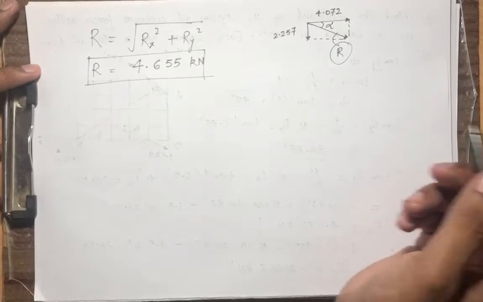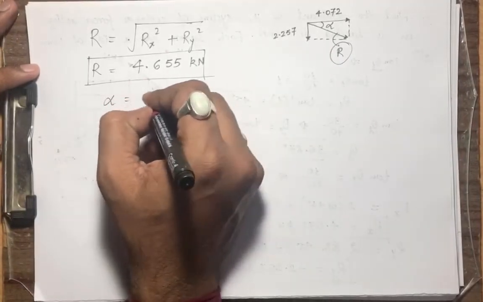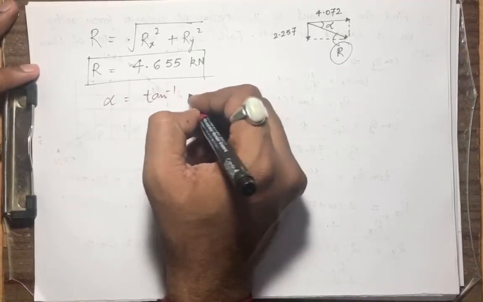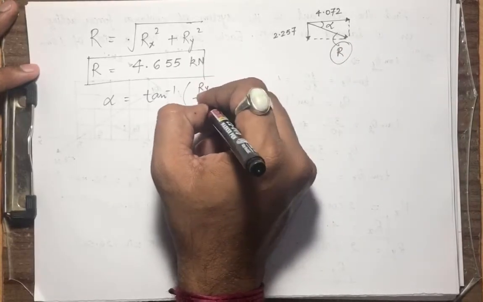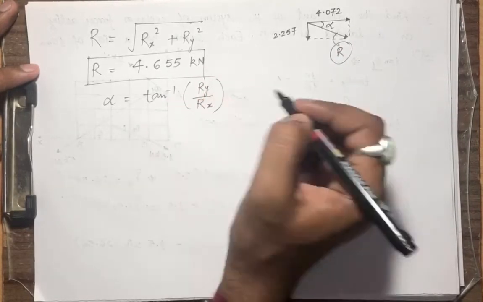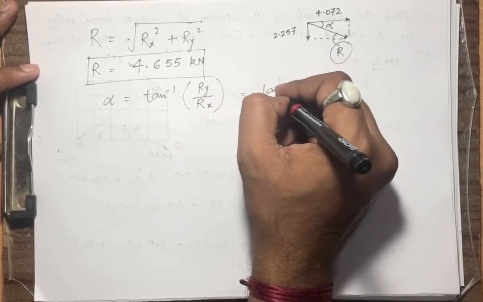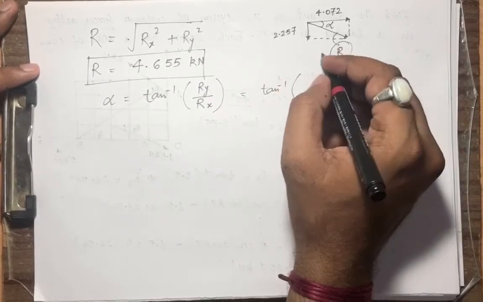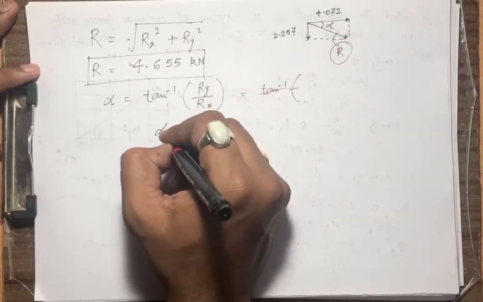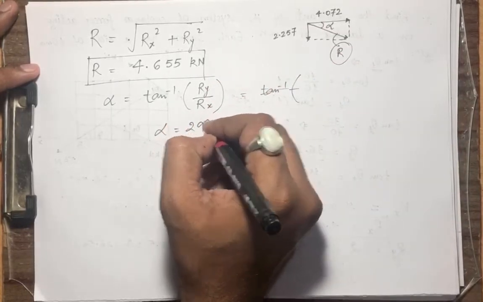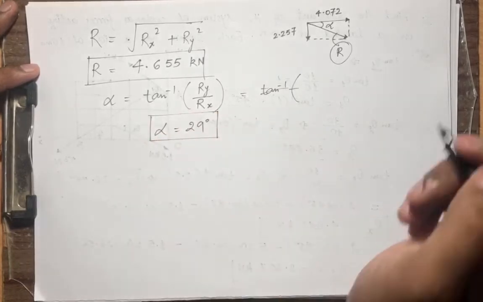R is clear. Now alpha is tan inverse Ry upon Rx. Just put the values; alpha is 29 degrees.